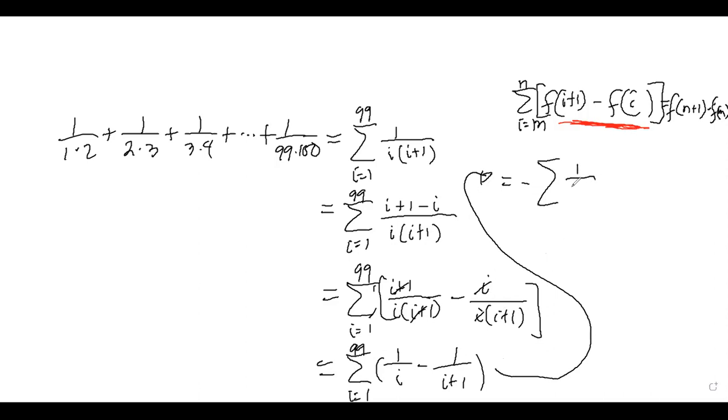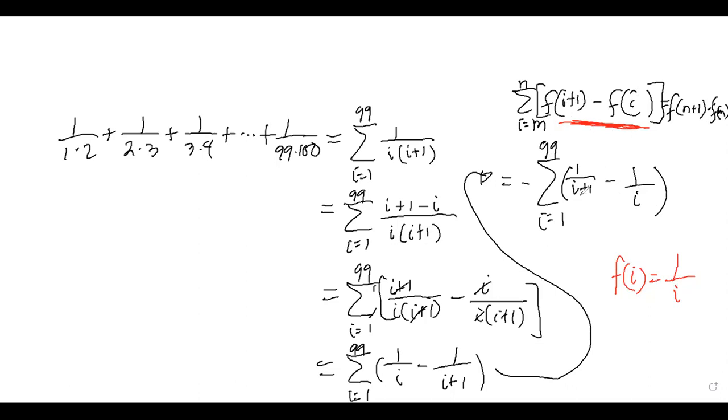You write first the positive term, 1 over i plus 1 minus 1 over i, where i ranges from 1 to 99. As we can see now, this is now a function of f of i plus 1 and a function of f of i. We will be using the function f of i equal to 1 over i. Now this problem can be solved using the telescoping sum.